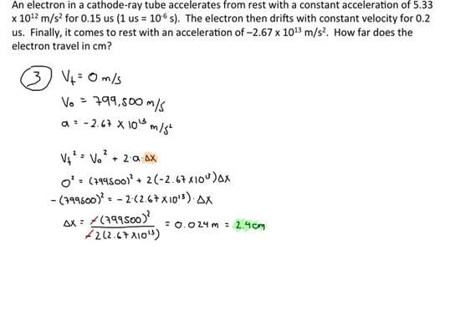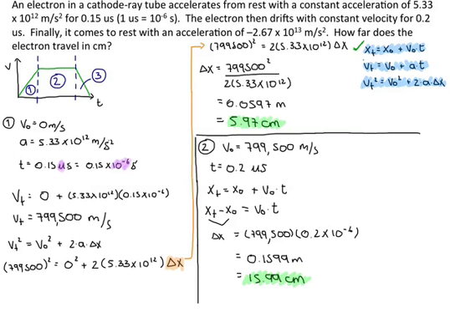So at the end, the question was the total distance traveled. So the total distance should be the sum of the distance traveled in each part, right? So you will be taking the 5.97 that we have here, this one, and you should be taking this one, right?